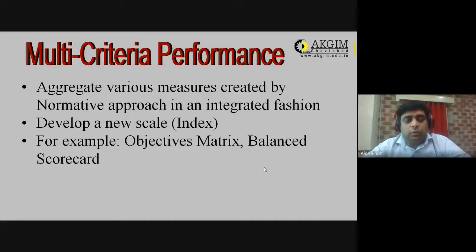To do a certain type of business, you need to develop some objectives, and you will map those objectives, up to what extent you have achieved them. For balanced scorecard, you will check your financial performance as well as business process, customer side, and other factors. Multi-criteria performance matrices are there, like score model and various other matrices. So all these come under the category of multi-criteria performance.